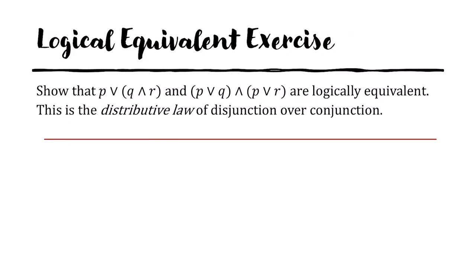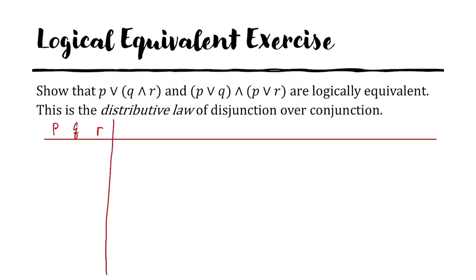So how many propositional variables do you see in this compound proposition? Anyone? Okay, so we see three, right? We see P, Q, and R.